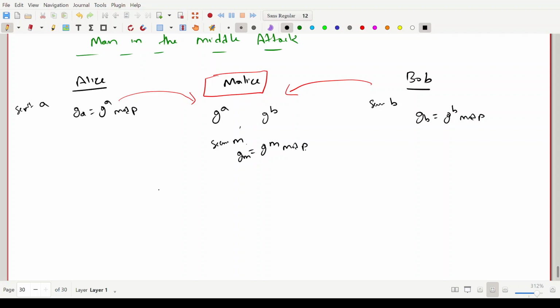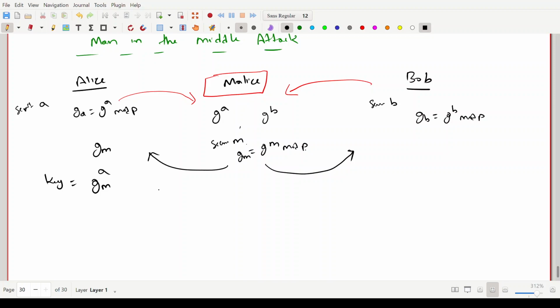He will send this g raised to m to Alice. He will send this g raised to m to Bob. Now Alice thinks that she is talking with Bob. So once she receives g raised to m, how will she compute the key? The key for her will be g^m raised to a. This is the key she will be having.